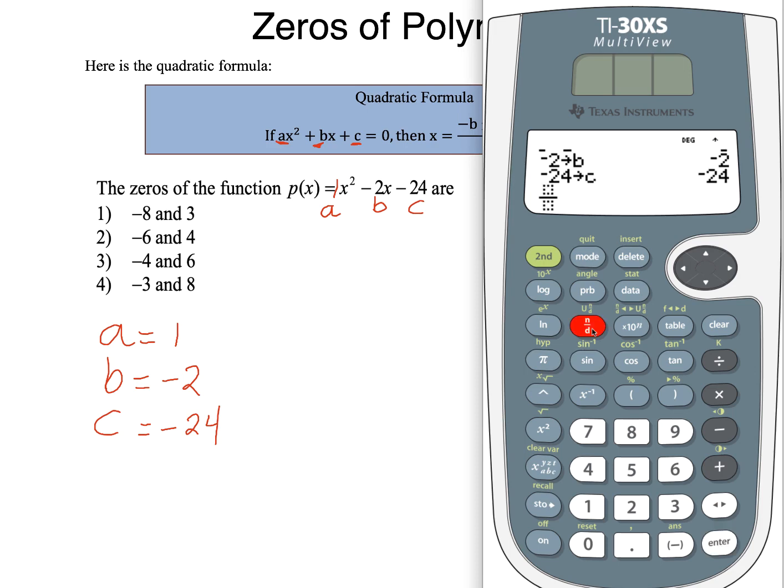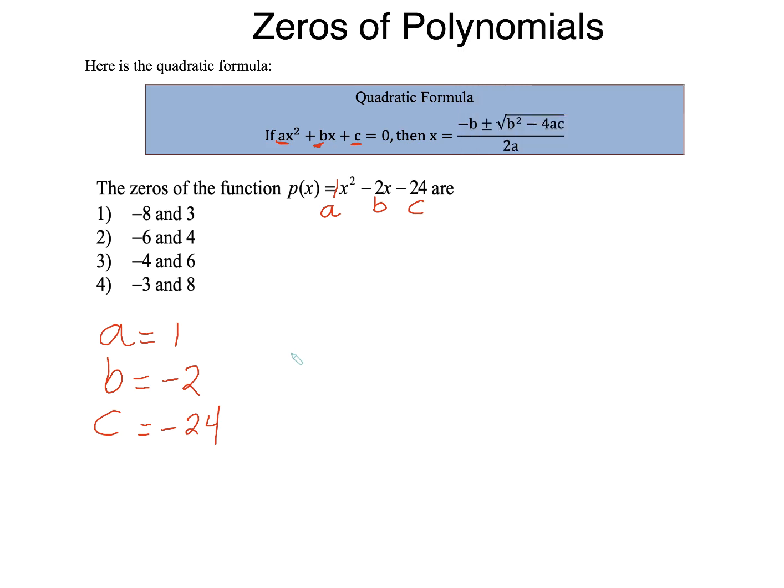I'm going to write the quadratic formula because I have my calculator blowing up really big and you need to see it. Okay, so it's negative b plus or minus the square root of b squared minus 4ac, and all of that is over 2a.